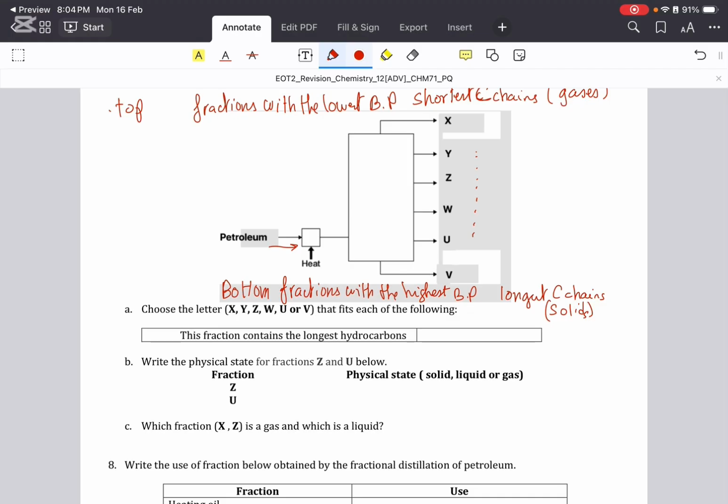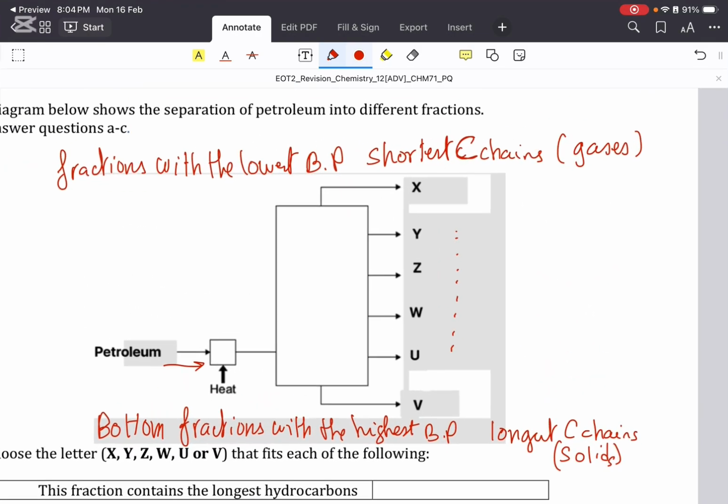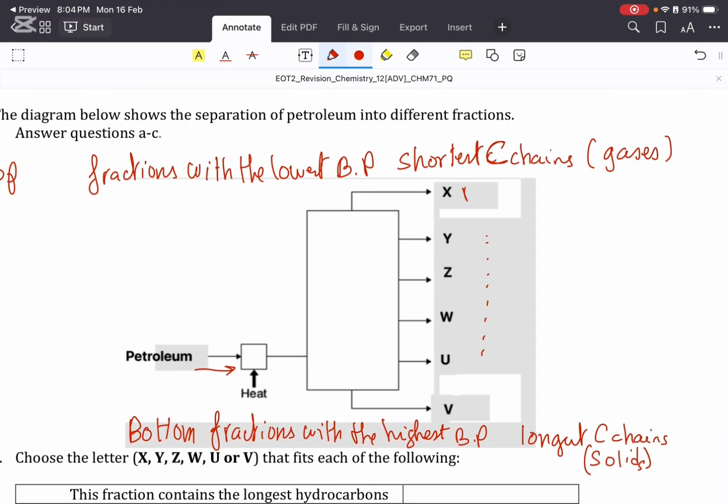So, X is named as refinery gas. It is used for domestic heating, cooking, and camping. Y is the fraction called gasoline, or what you know as petrol, and the use is petrol for cars.